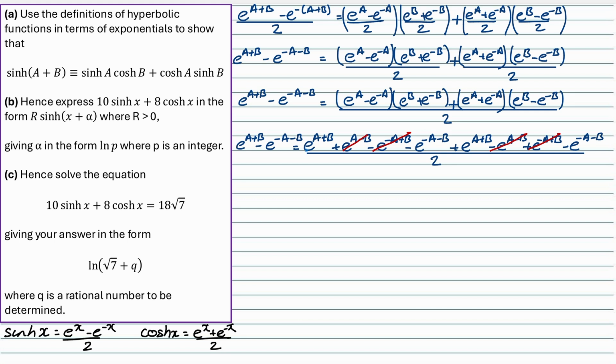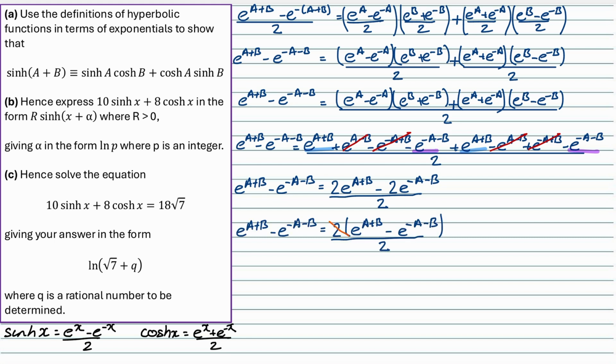And then we can collect the positive powers and the negative powers. So our right-hand side will become 2e to the a plus b minus 2e to the minus a minus b, all divided by the 2. We can factor out this 2 and then simplify that fraction.